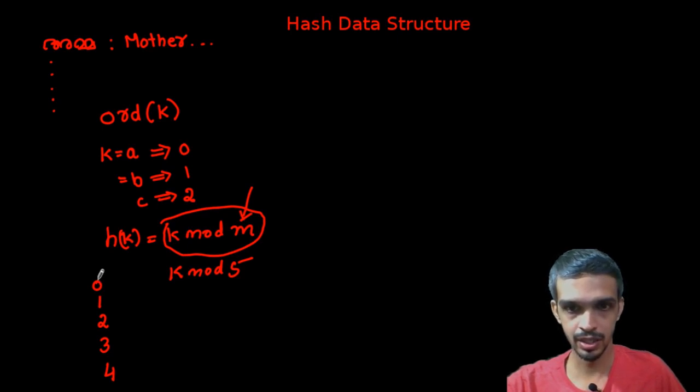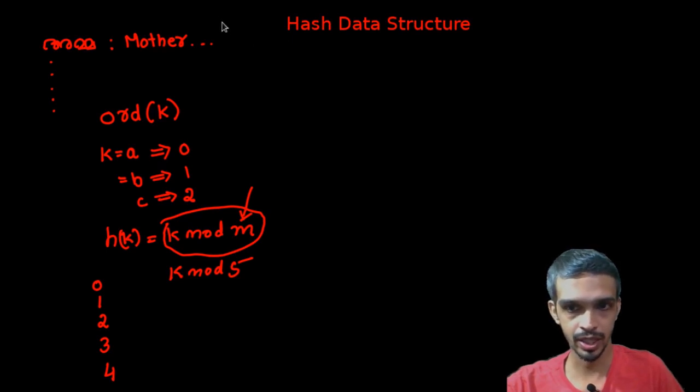And the hash function needs to distribute keys among the cells of the hash table as evenly as possible. So we will see an example. The use of the modulo function as a hash function comes under the division method. There are different types of hash function, and the use of the modulo method is known as the division method.